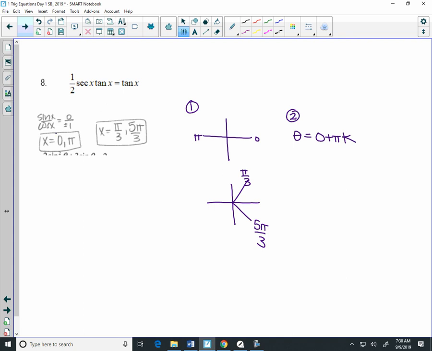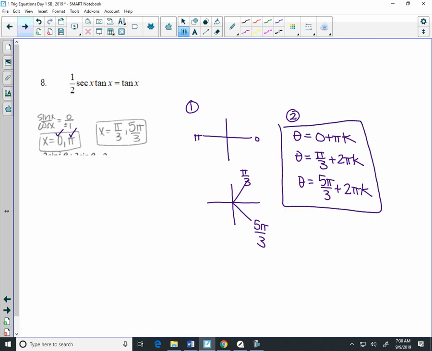They're pi apart. That gives me those two. And pi over 3 and 5 pi over 3 are going to need separate equations. And again, the 2 pi k and the pi k just capture all your coterminal angles that are positive and negative rotations around the unit circle, of which there are an infinite number.